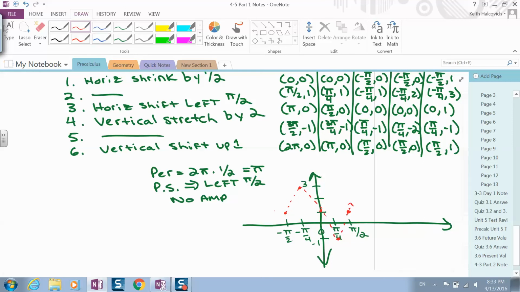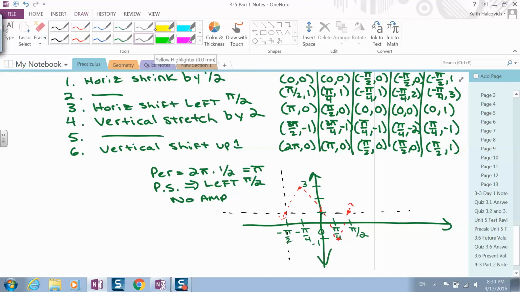Now keep in mind that the graph was shifted to the left, pi over 2. So the original y-axis is here, but it's shifted to the left, pi over 2. And it was shifted up 1, so the x-axis goes up 1. So this is where the original points that were 0, there's 3 of them for the cosecant.